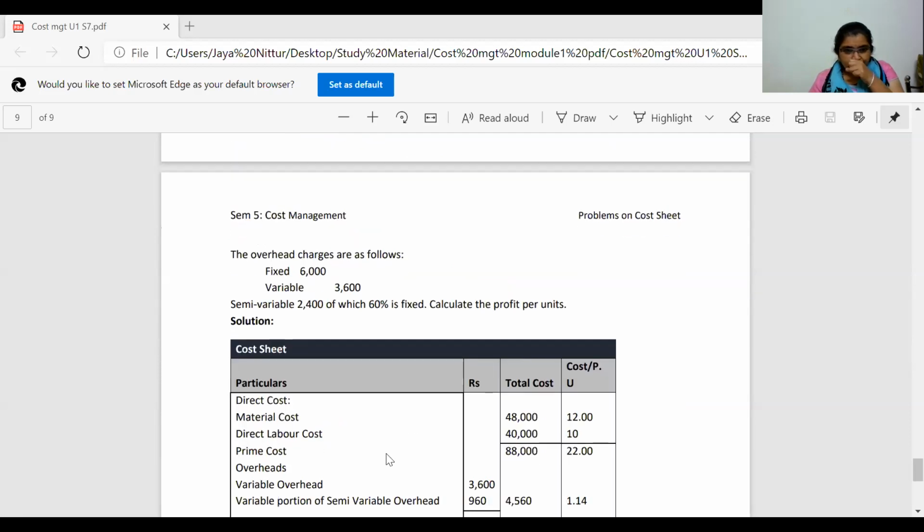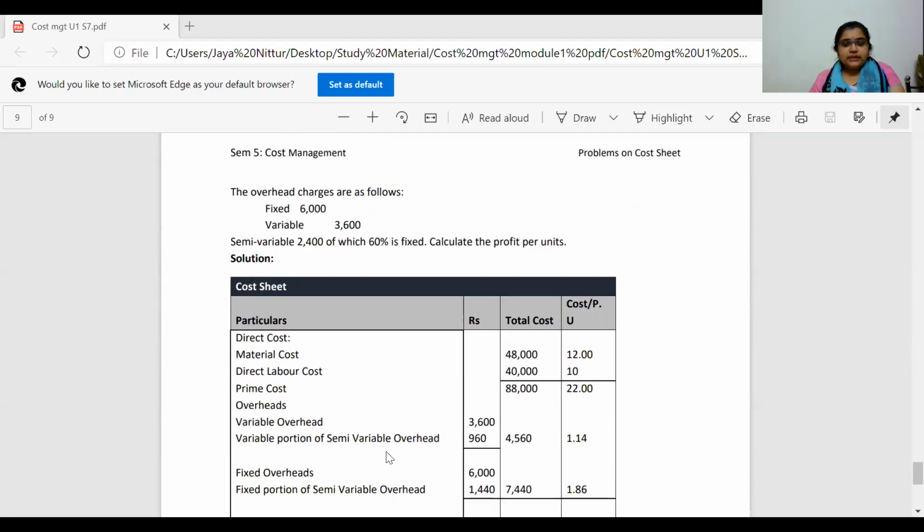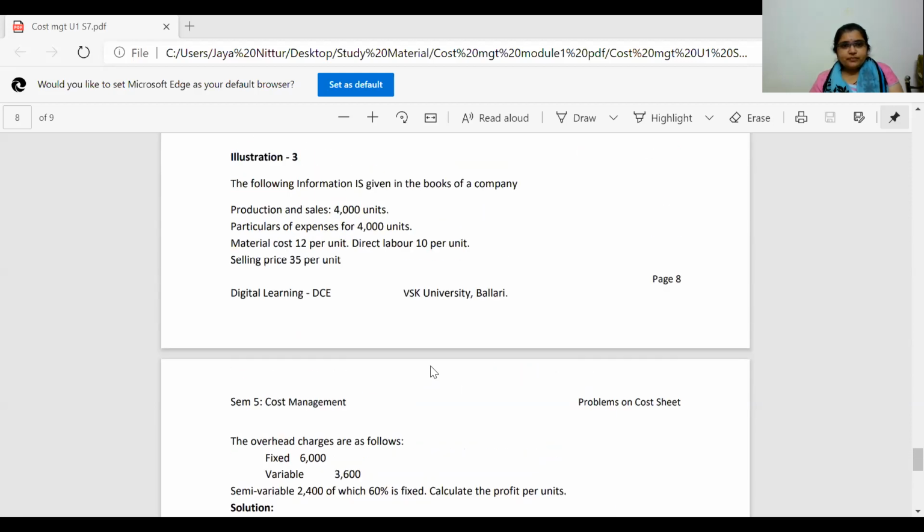With the help of this simple example, the direct material cost is 48,000, cost per unit is 12, and the direct labor cost is 40,000, so the prime cost is 88,000. For overheads, variable and semi-variable, this is the inner column where we need to note the important variable charges he has given: 3,600, and the semi-variable is 960.